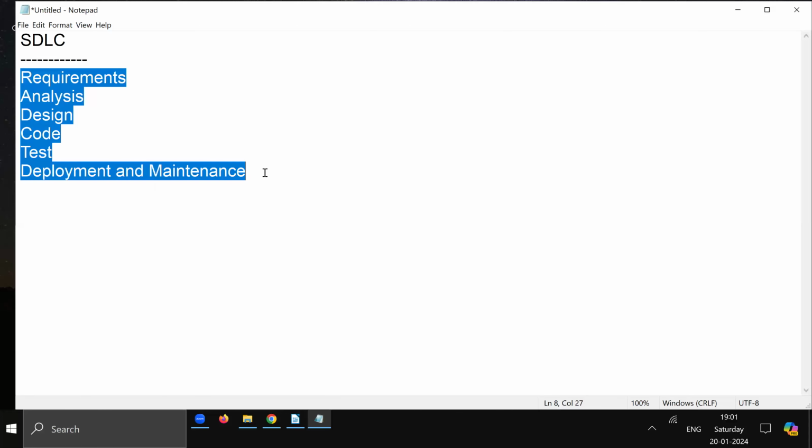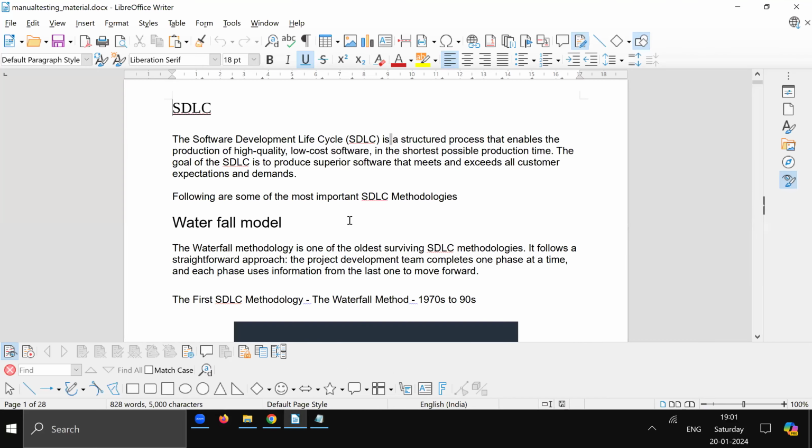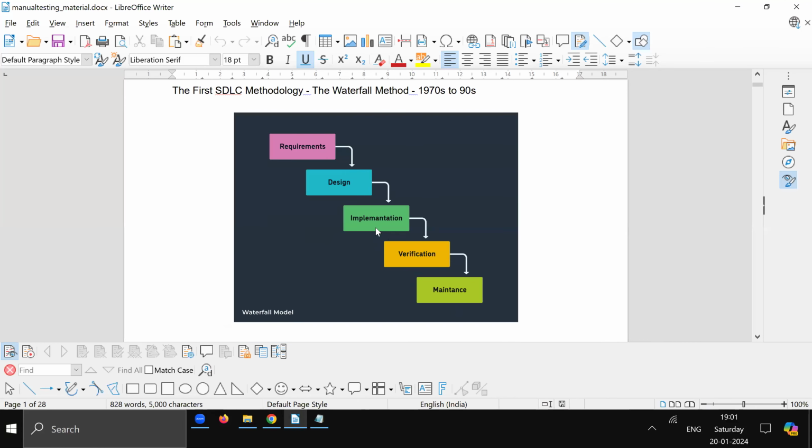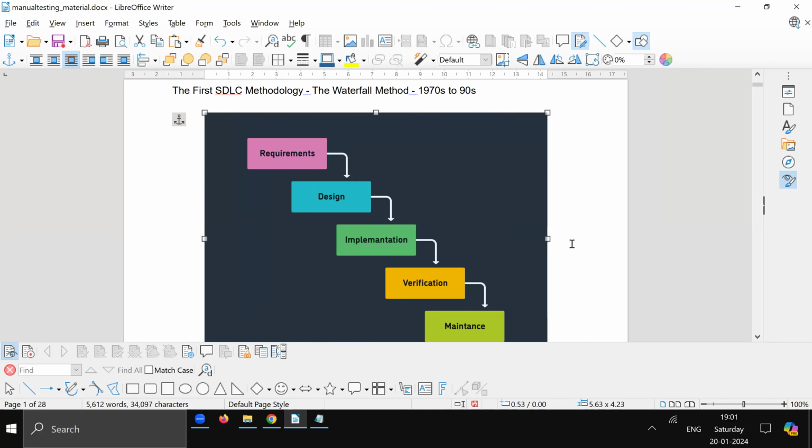These phases are being implemented in different ways, okay, by different people. And that's how different models have evolved. For example, in the olden days, actually, do you know when the software industry emerged? Does anybody have an idea?